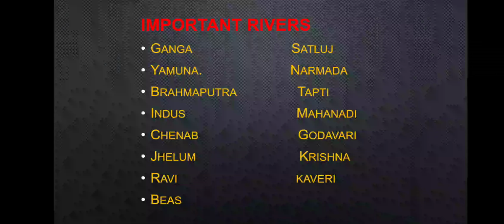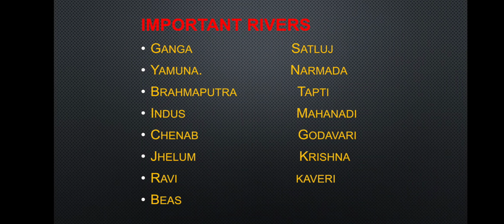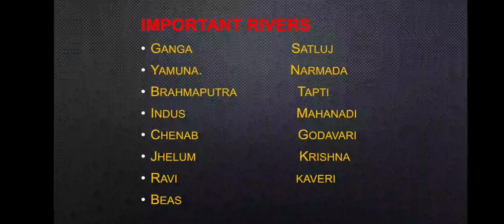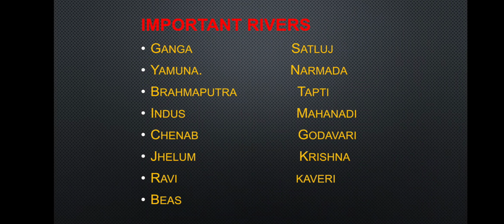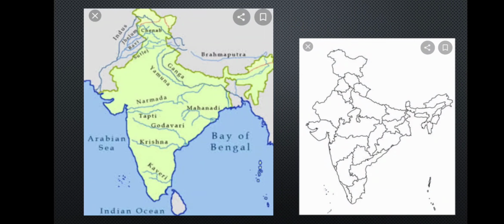So here we will discuss the rivers, their source or origin, their mouth, where they are located in India, and those locations you have to locate on India's map. See, there are two maps already given. On the right hand side, a map is given that is entirely blank, a state divided Indian political map.